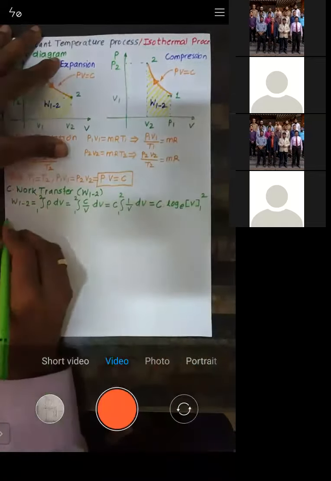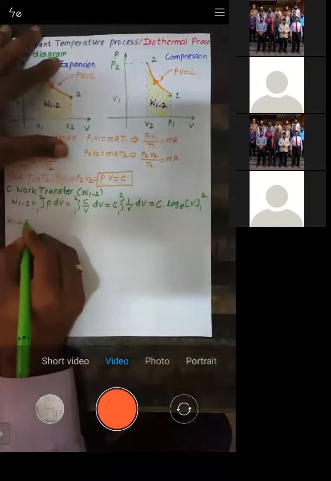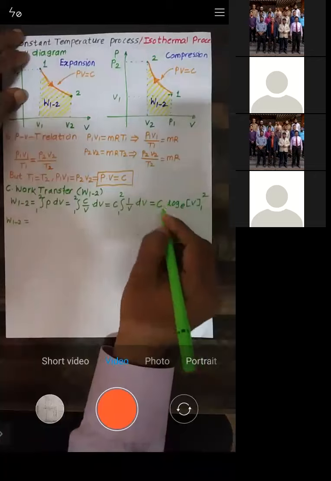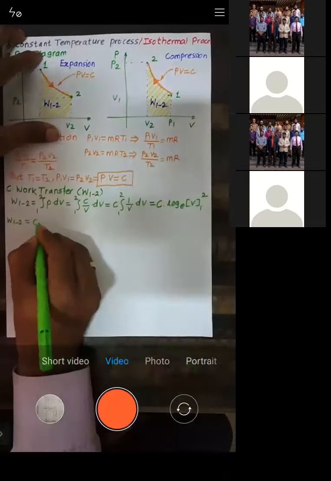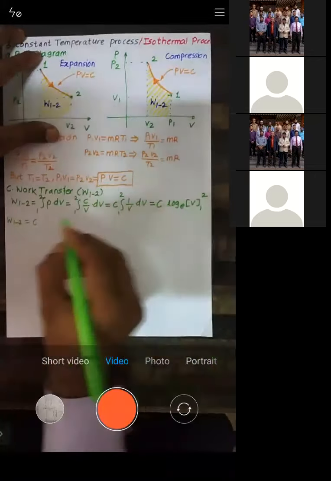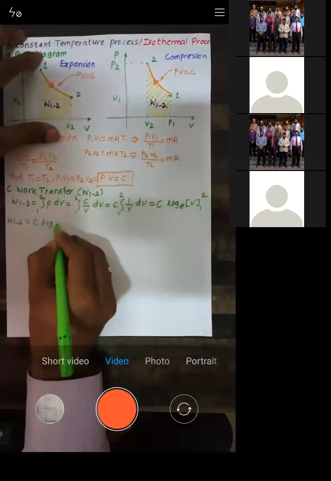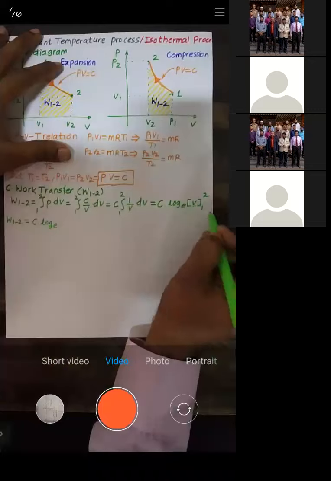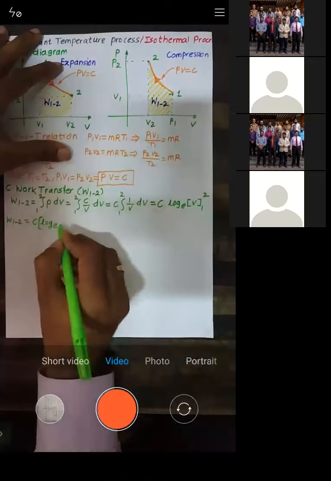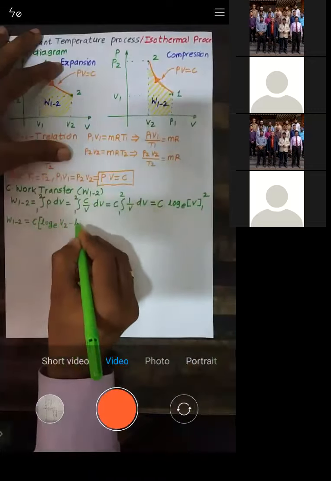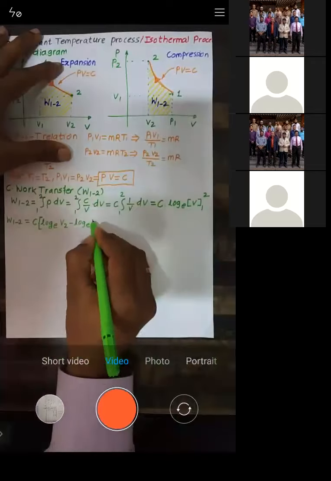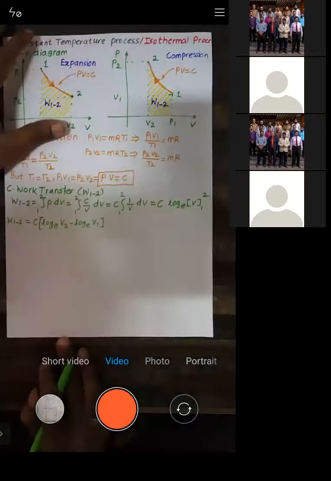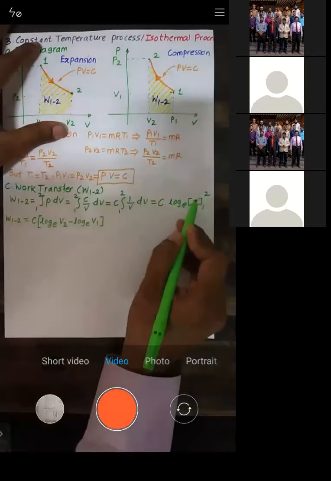So I will write W1 to 2 as C into log to the base e, and I need to put upper limit minus lower limit.